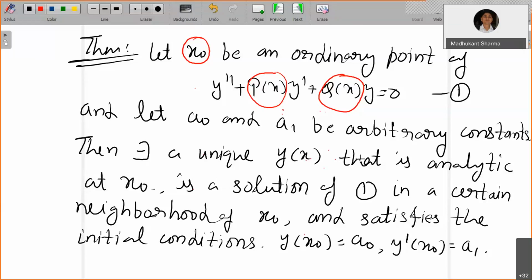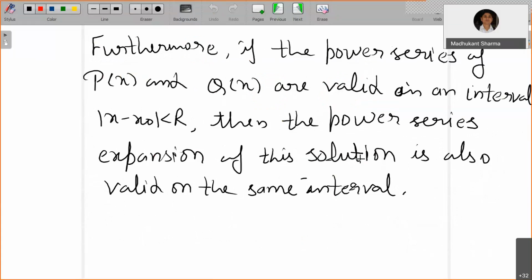If P(x) and Q(x) are analytic in some neighborhood of x naught, then the solution will also be analytic in the same neighborhood. This is what the continuation of the result is telling.